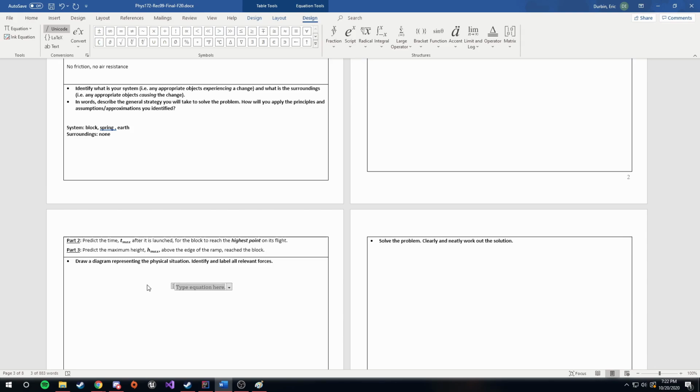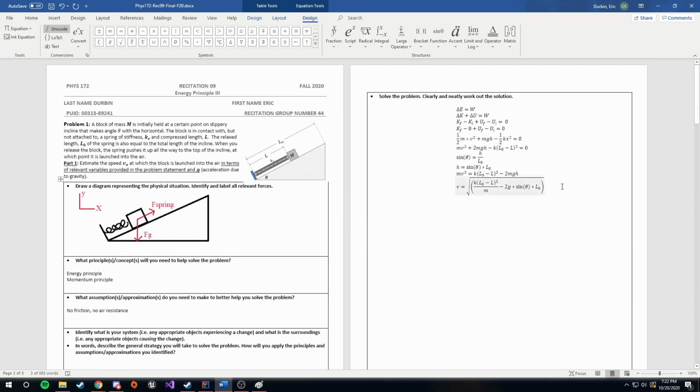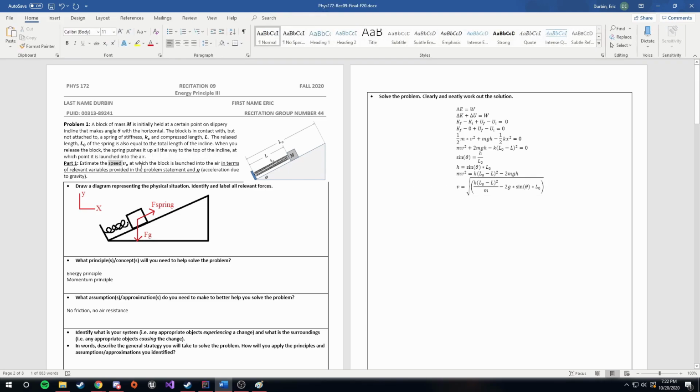Wait, velocity is a vector. We found a scalar. This is really speed. Okay, so yeah, it does say estimate the speed.